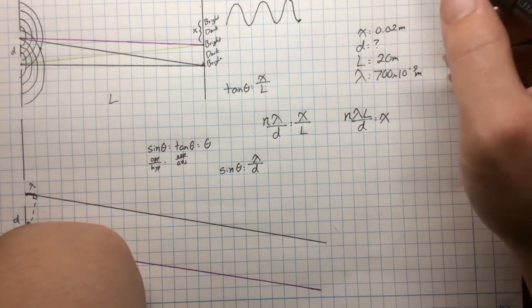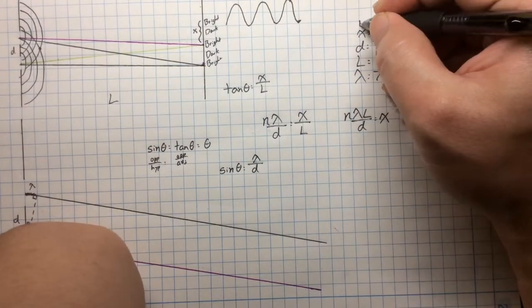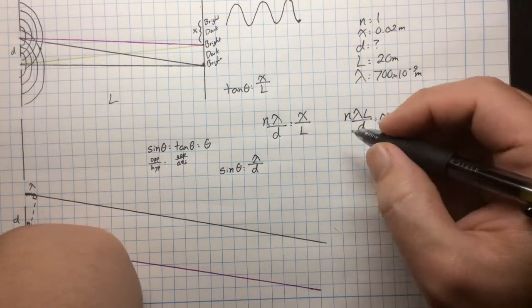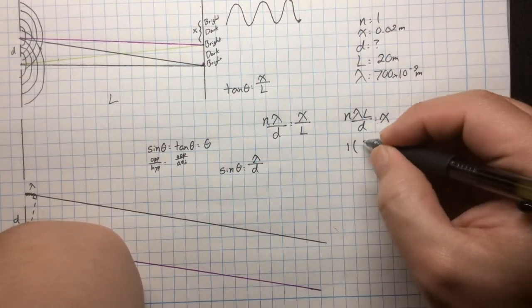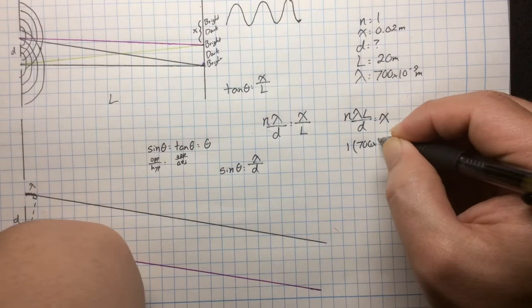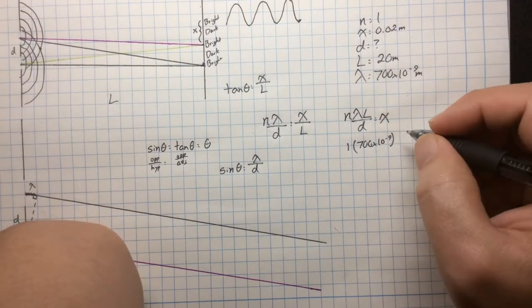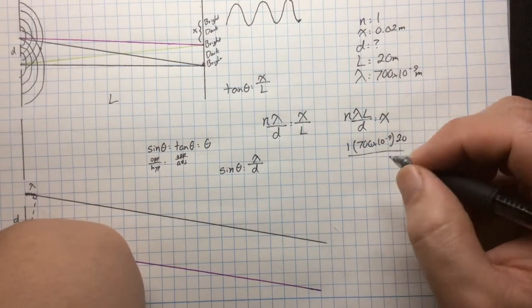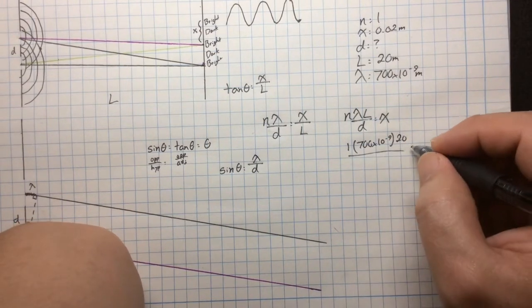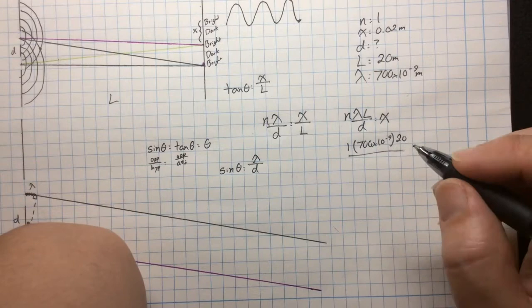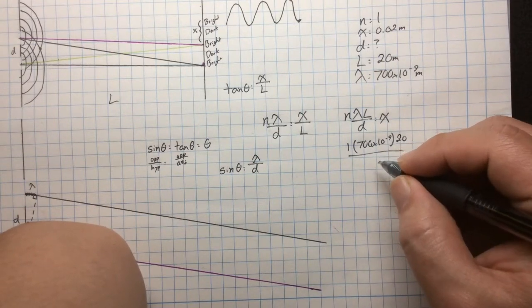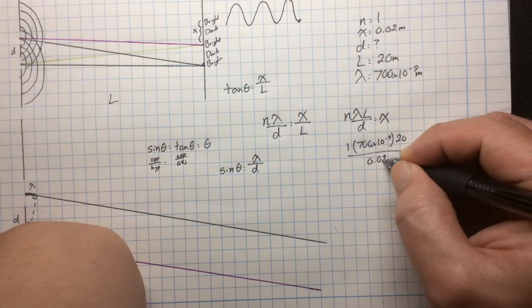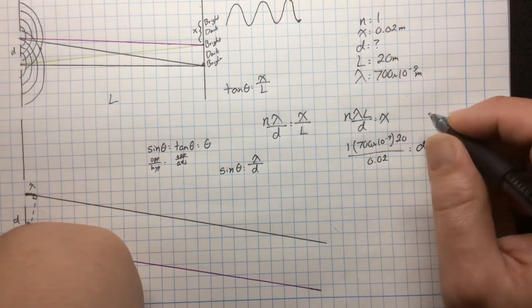And so all we would do is we would say, this was the first order bright spot, so that's 1. This is going to be 700 times 10 to the negative 9. 20 is going to be there for L. And d is going to be, I don't know. But let's switch the positions of these because I want to know what d is. So x is going to be down here. x was 0.02, and that would be equal to d.